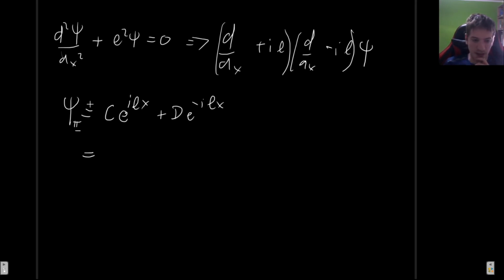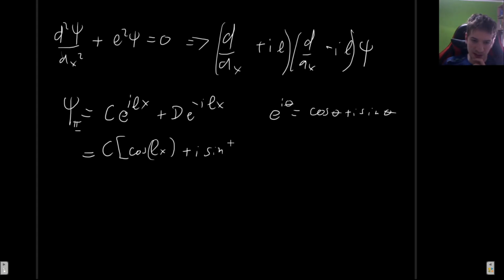So how to do that? Remember that e to the i theta is going to be cosine of theta plus i sine of theta. So let's just rewrite this. We get c times cosine of Lx plus i sine of Lx plus d cosine of Lx.